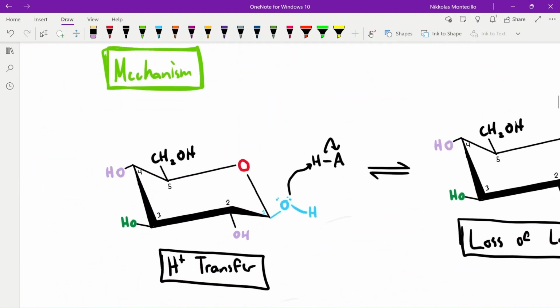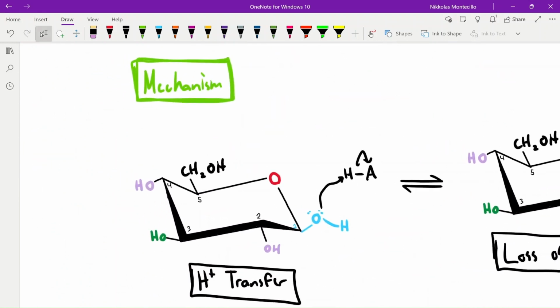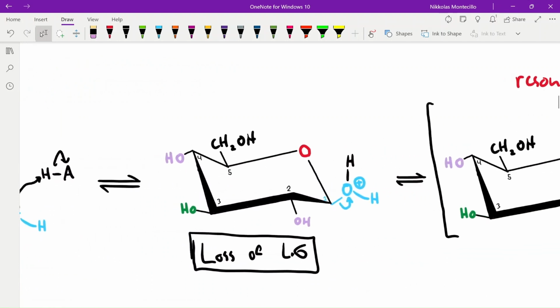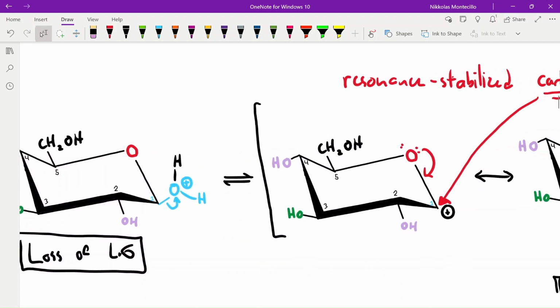Okay, so let's just review the mechanism of glycoside formation. So remember that there's a proton transfer, where the acid is deprotonated, which protonates the hydroxyl group of carbon 1, or the anomeric carbon. The anomeric carbon is protonated, forming a hydronium ion, and this makes it a good leaving group, right?